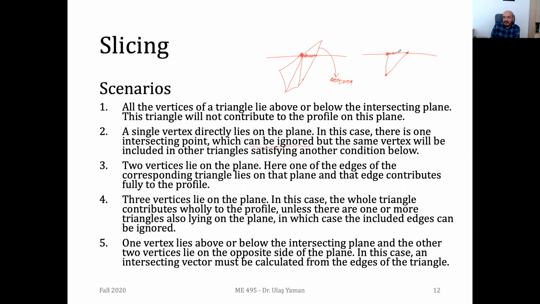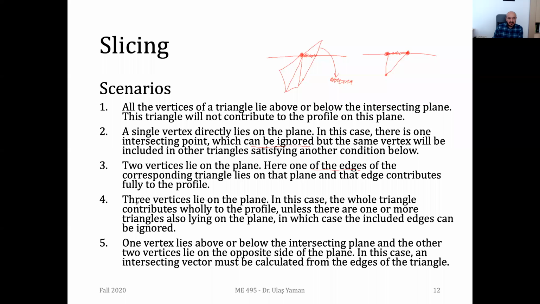So we can say that one line of the triangle is contributing to the contour, which means that our intersecting plane is going through one part of the triangle. As you see, one edge of the triangle will be part of the profile, so we can simply take that edge and store it into our list. We don't need to do more computation. We can directly store the coordinates of these points.